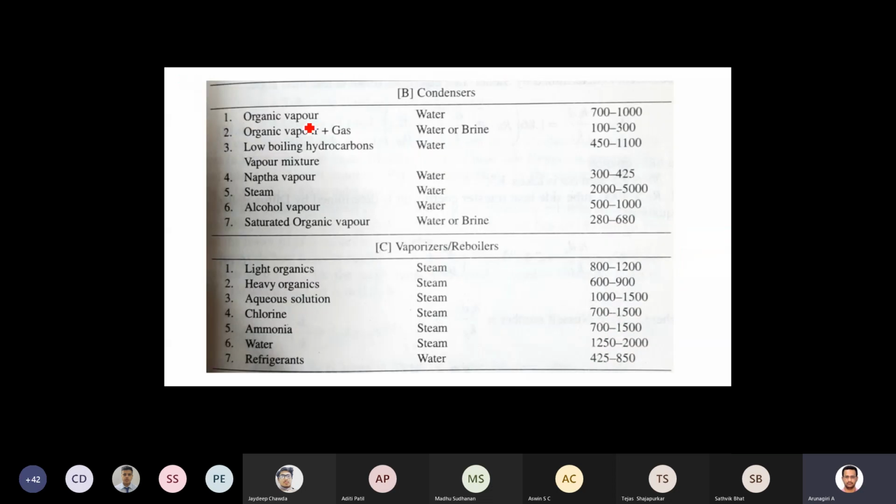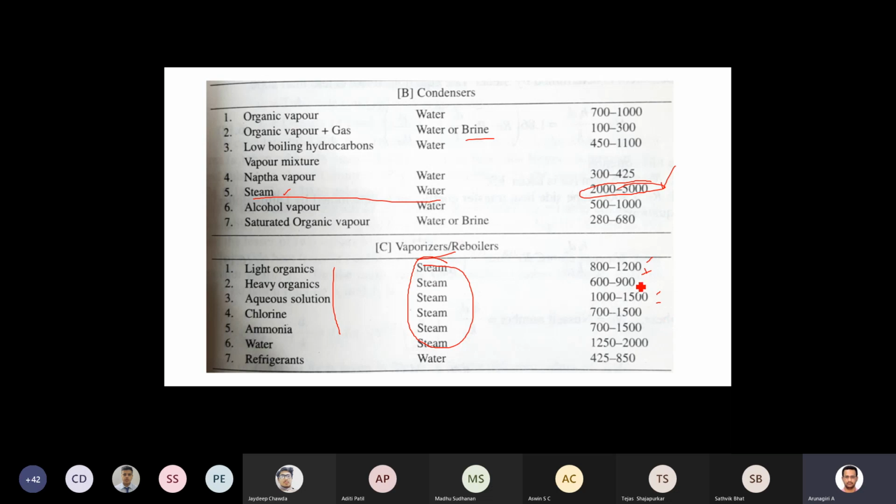If it is condensers, again you see one side you have vapor, another side you have water or other cooling mediums like brines. So when you use steam water, the range is greater, correct? 5000 watt per meter square, which means the heat transfer resistance offered by the steam is on the lower side. Similarly, vaporizers, in most cases we are taking steam as the heating medium. So whenever you are using steam, the heat transfer coefficient will be on the higher side.